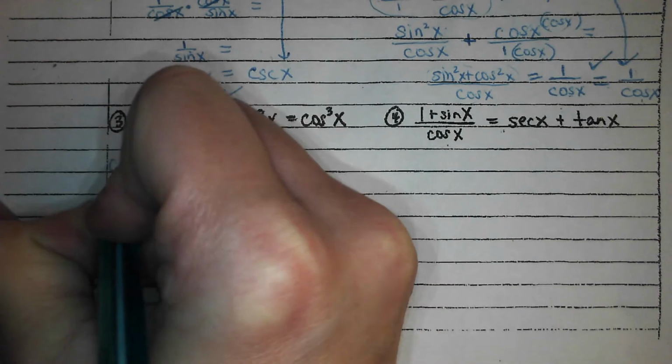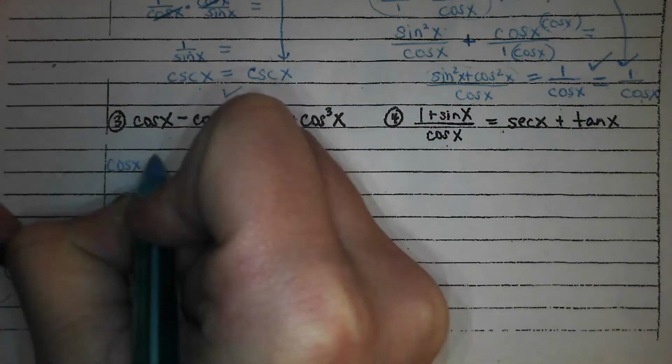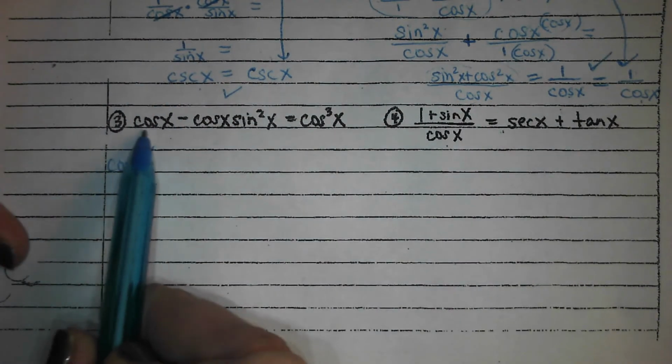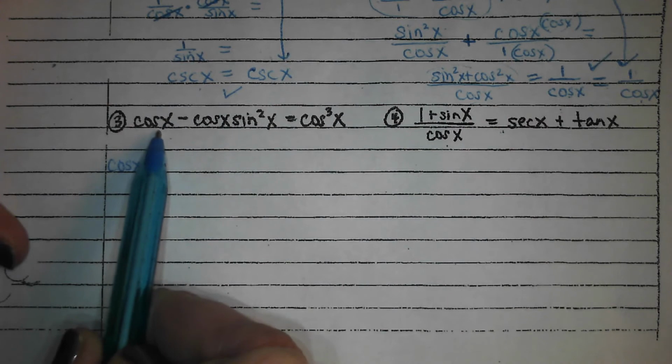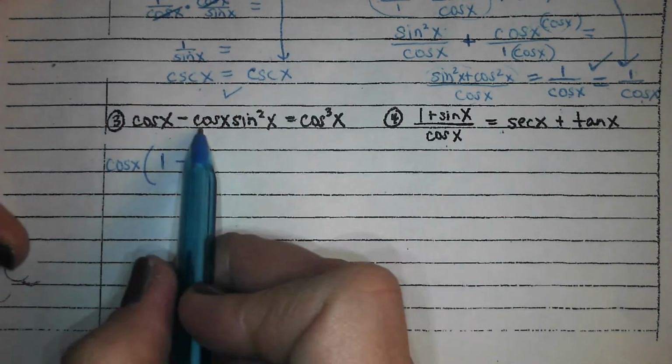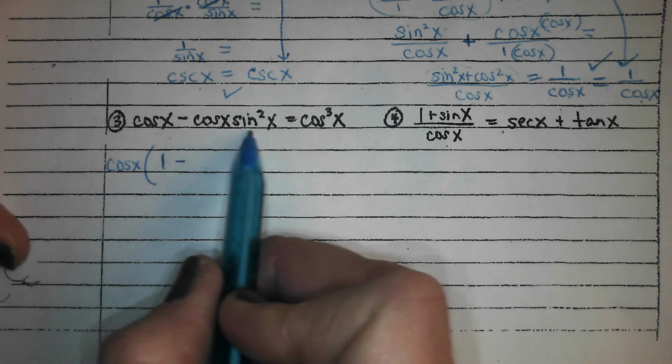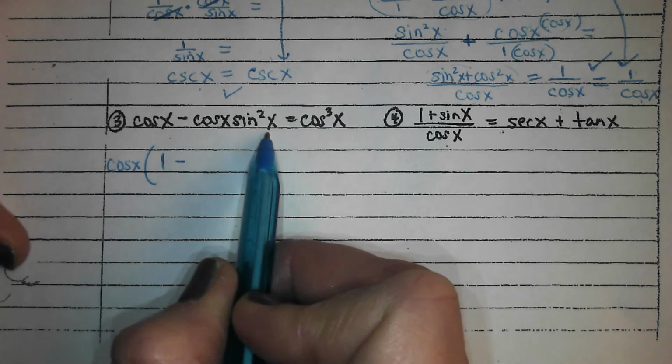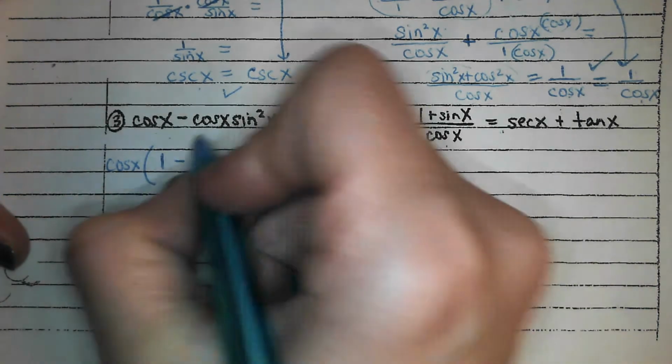So if I pull a cosine x out in front, what's left of this term when I divide off a cosine x? 1 minus what's left of this term when I divide off a cosine? Just the sine squared.